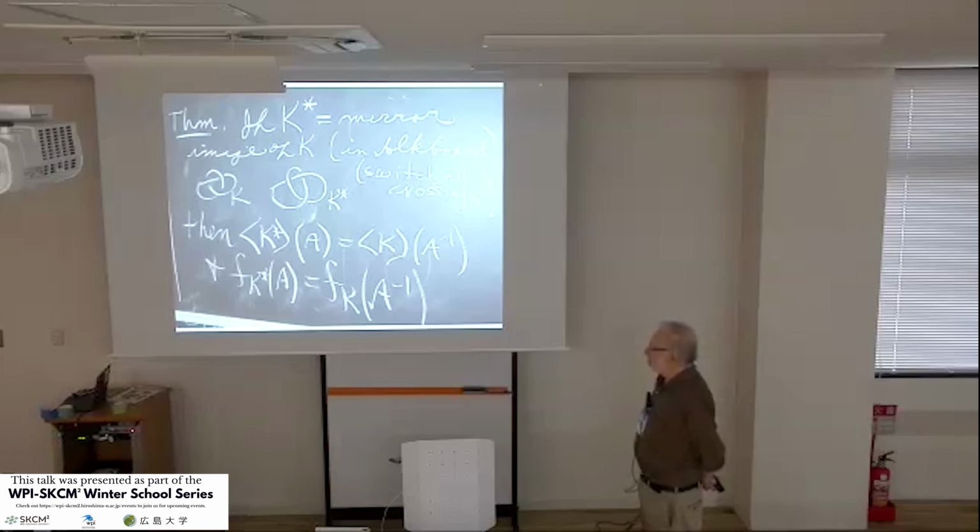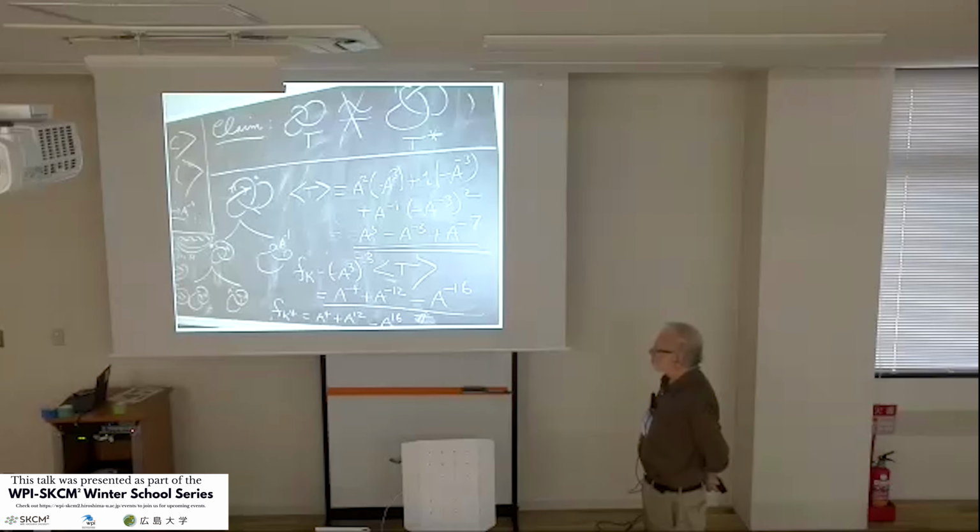And in general, if you have a knot and you have its mirror image, then the value of the normalized invariant on the mirror image is equal to the value of the invariant on the knot with the variable flipped to its inverse. And so if the polynomial is not invariant under flipping the variable, then the knot had to be chiral, had to be inequivalent to its mirror image.